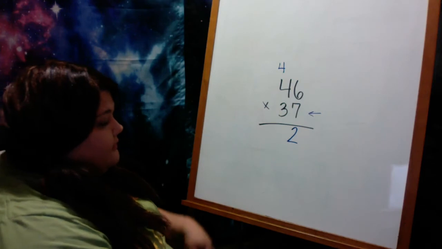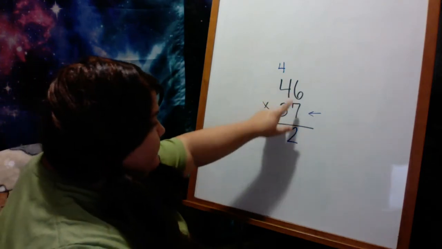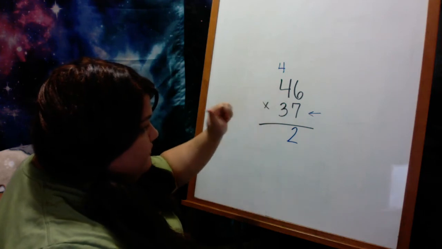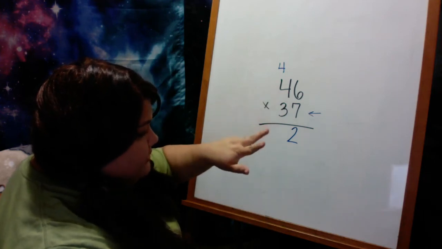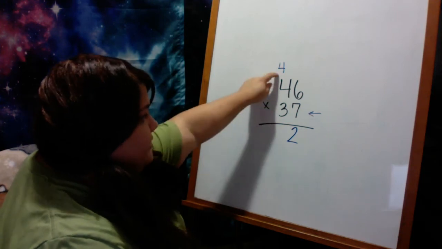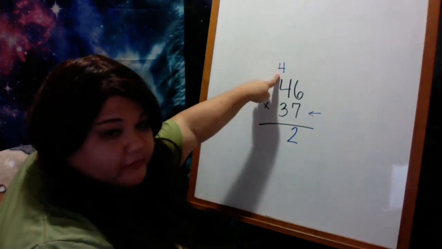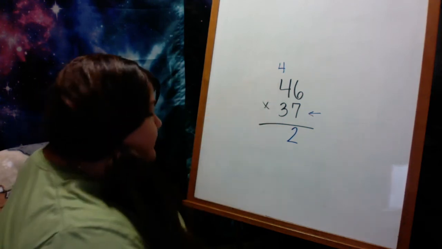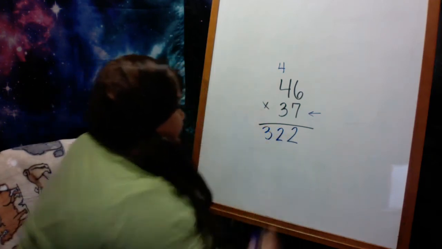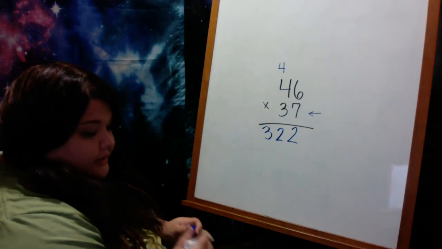And next, I'm going to say, okay, I did my 7 times 6. Now what's 7 times 4? 7, 14, 21, 28. So I have 28 in my mind, but I still need to add this 4 up here that I regrouped. So 28 plus 4 gives me 32. So I put my 32 there.